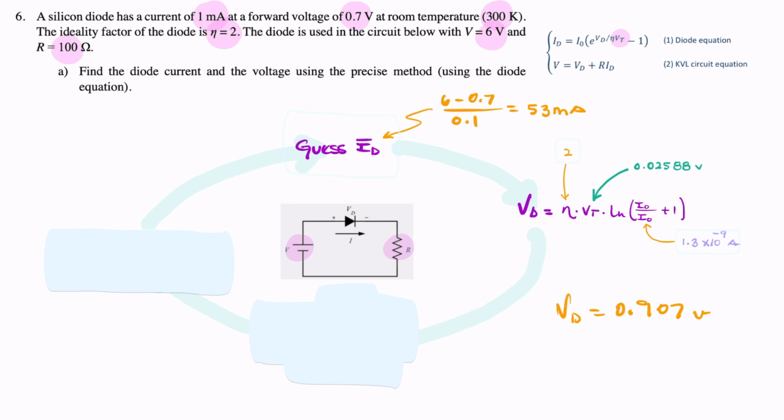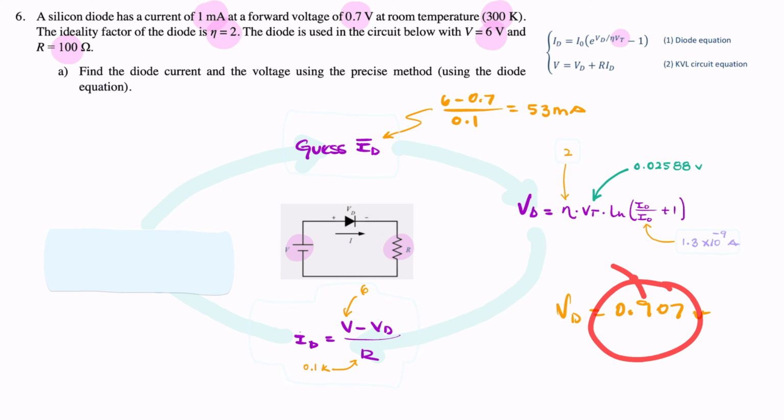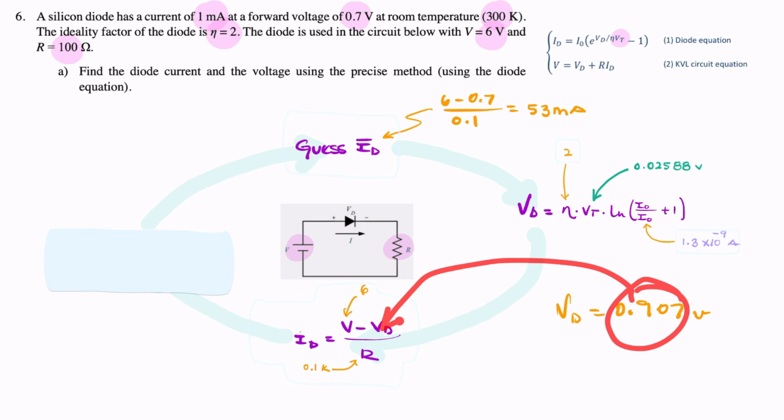We can now refine our guess for ID by putting VD back into the equation for ID. So now we can say 6 minus 0.907 divided by 0.1 in this case, it'll give me 50.93. So my ID started off at 53 milliamps.